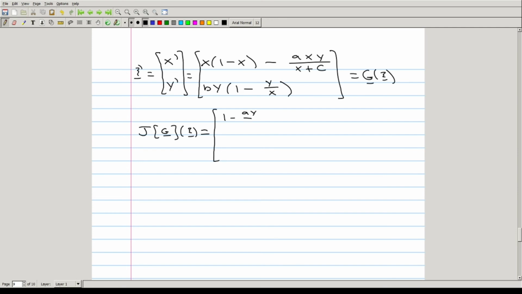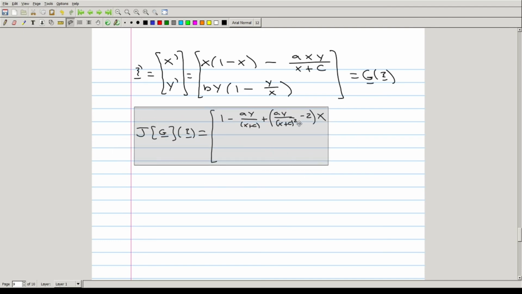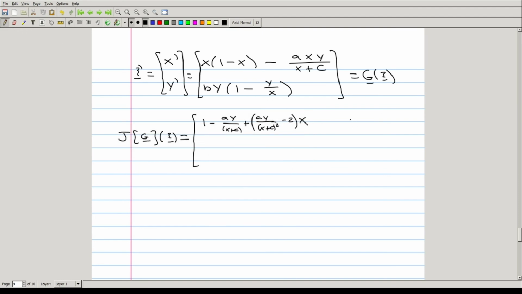1 minus ay over x plus c plus ay over x plus c squared minus 2 times x, and then the y partial derivative of this will be ax over x plus c, and the x partial derivative of this becomes b times y squared over x squared, and the y partial derivative of this becomes b minus 2by over x.